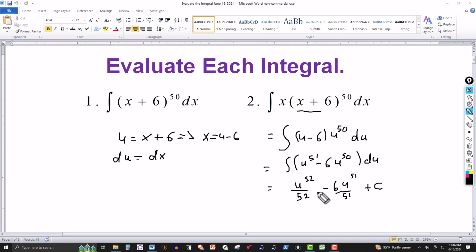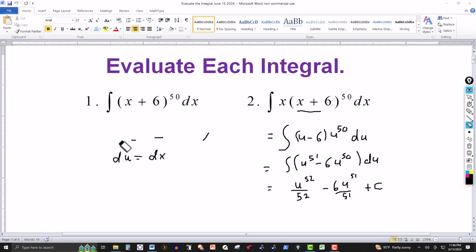And that's your answer in terms of u, but we need it in terms of the original variable, which is x. So just remember that u is x plus 6. So all I'm going to do is replace the u by x plus 6.